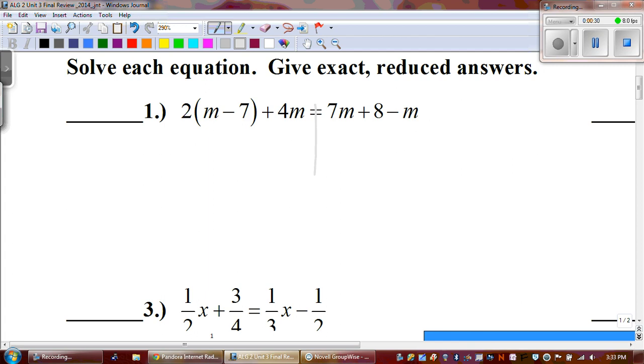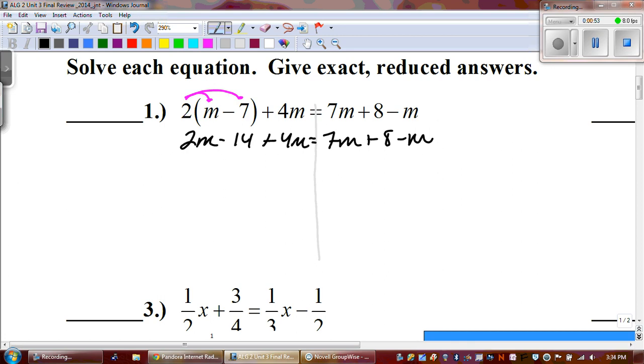So starting with number 1, on the left-hand side, we have to distribute. When we distribute, we get 2m minus 14 plus 4m equals 7m plus 8 minus m.